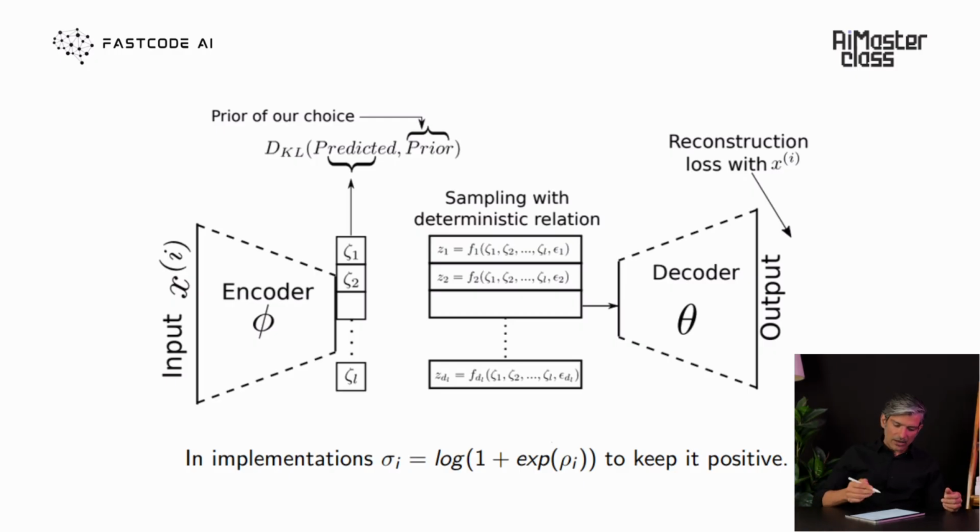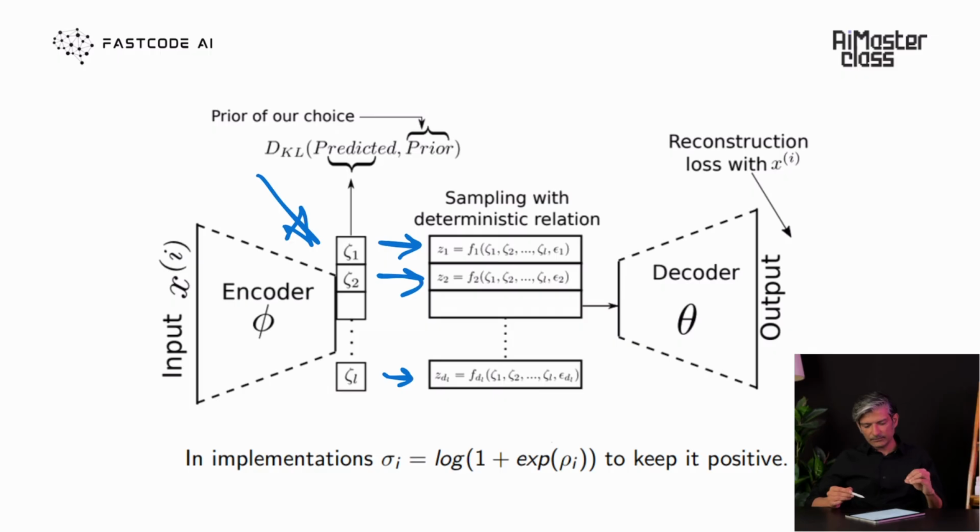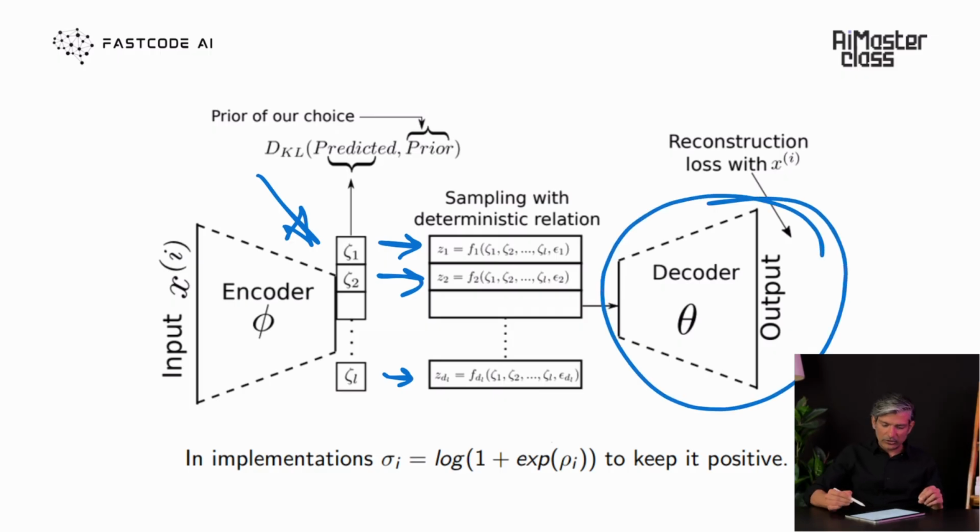So again, the encoder is giving us mu's and sigmas, and those mu's and sigmas we are using to create z1, z2, and zd, and then we are putting it into the decoder, and we are also minimizing the L2 between x and x dash.